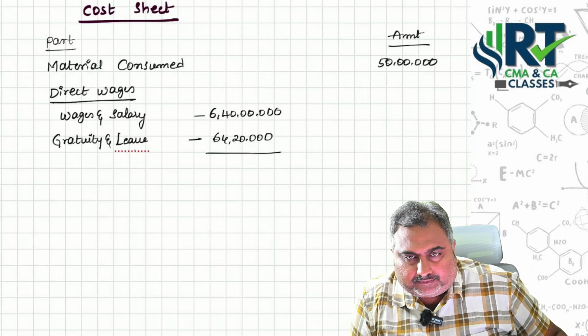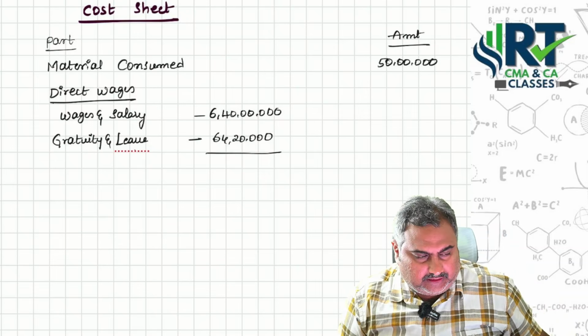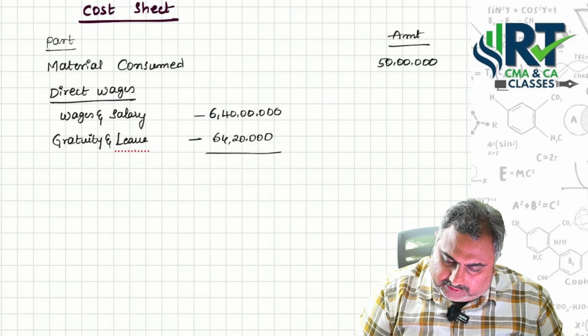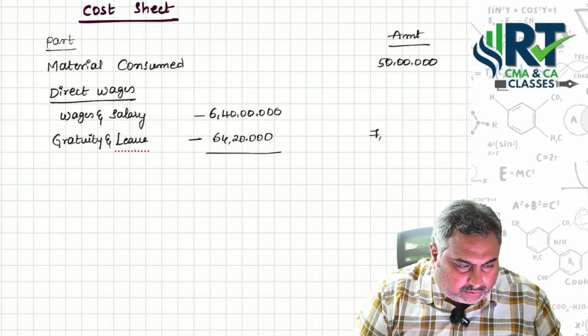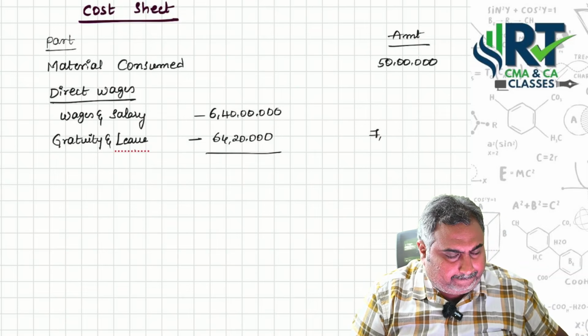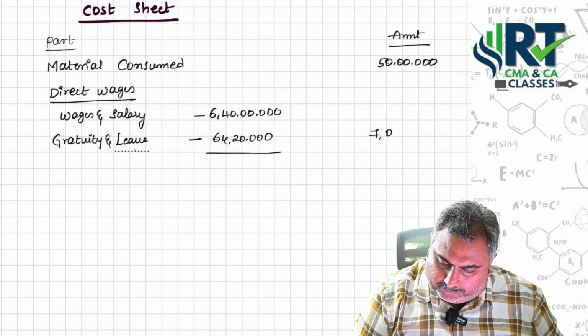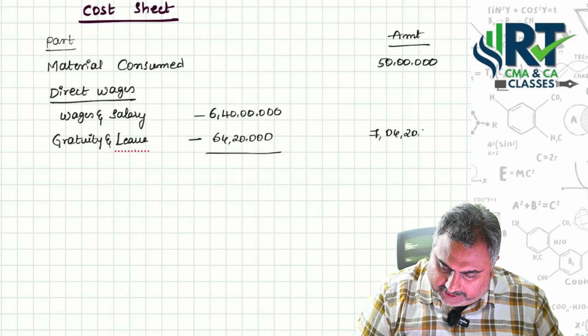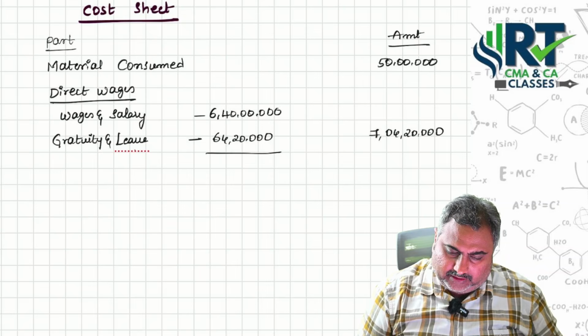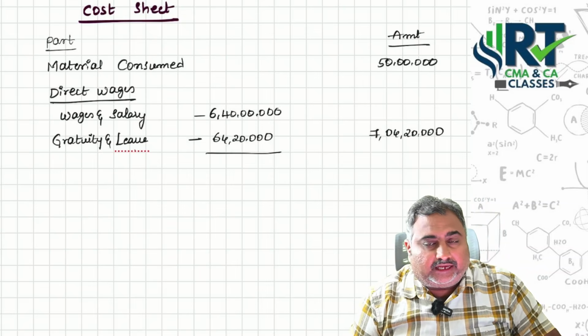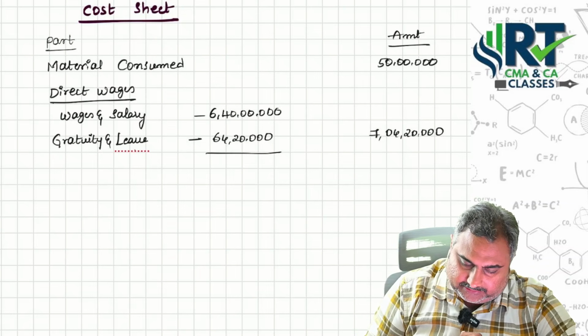So after adding these two, we are getting 7 crore 4 lakhs 20,000 itself.